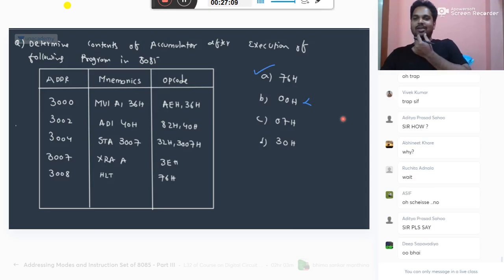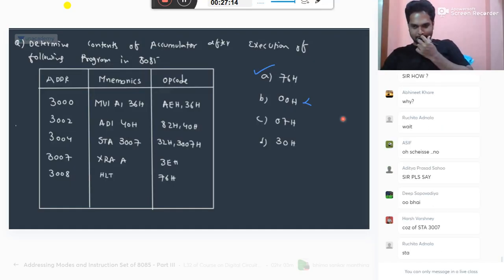Firstly, MVI A, 36H. Let's understand this with the help of memory.